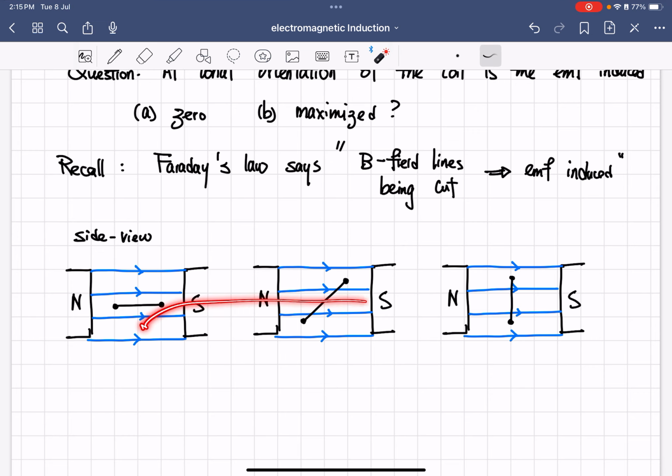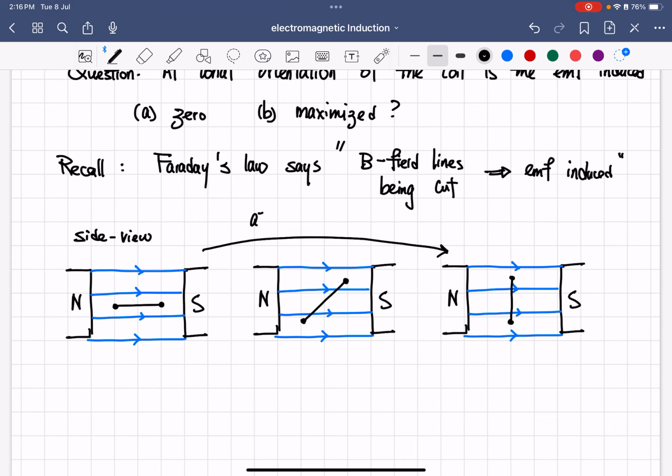From here to here is a quarter of the period. Now, the coil is being spun, for example, by the turbine.